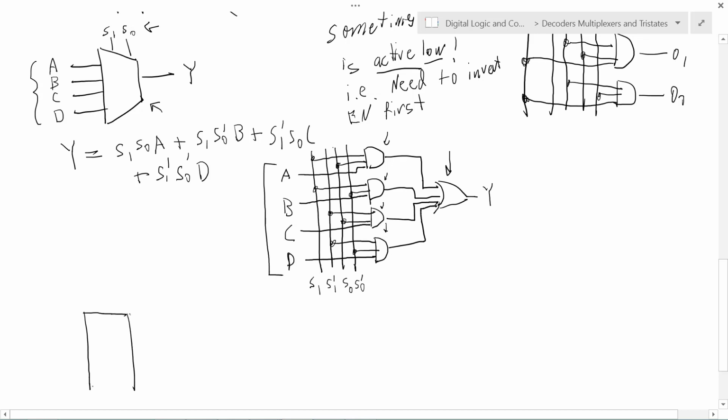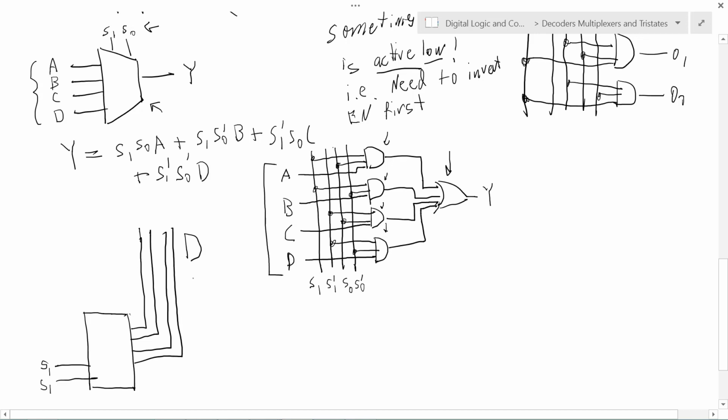So let's say we have a decoder with inputs S1 and S0. Let's bring our selection bits up.